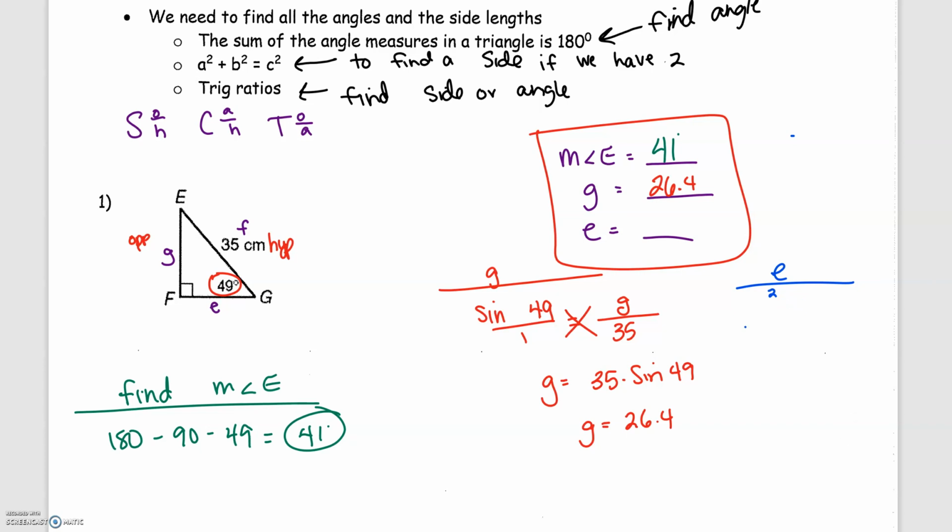So we've got our 26.4 squared plus our e squared is equal to 35 squared. And then you can subtract your 26.4 squared. And e squared is going to equal 28.04, and then we're going to square root.